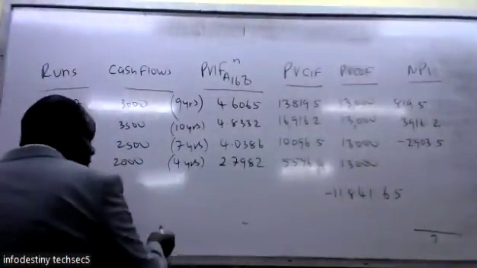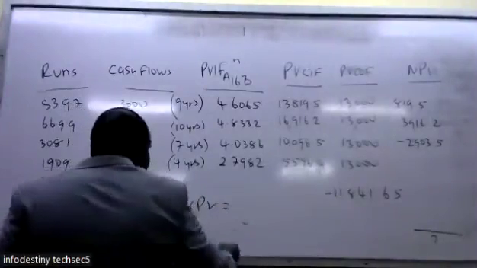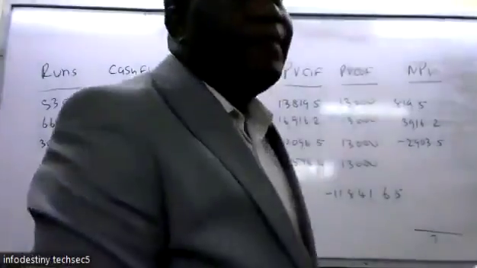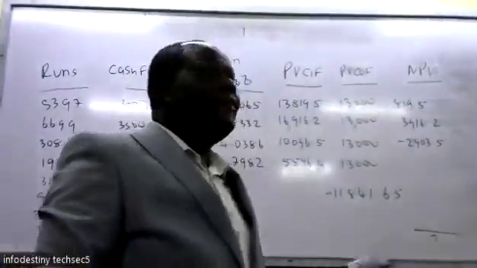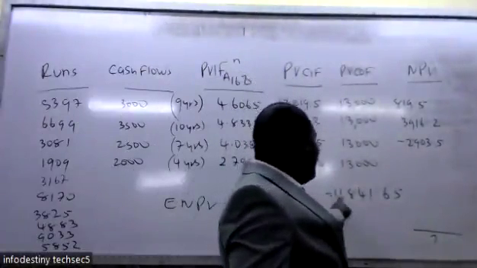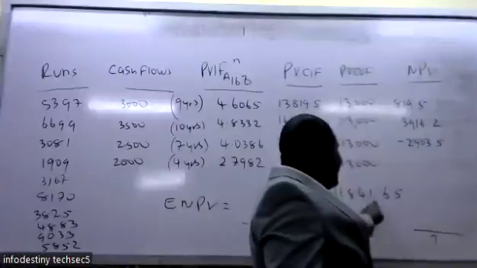So to compute expected... the total is 11,841.65.